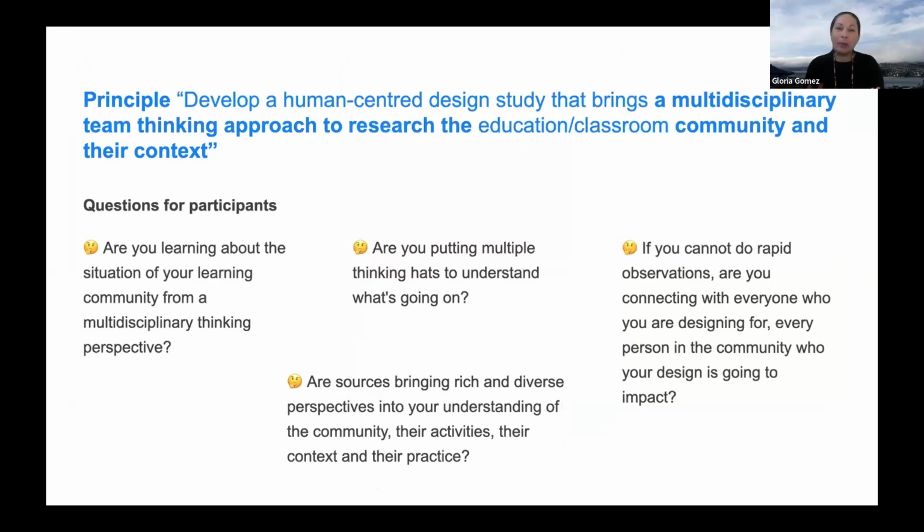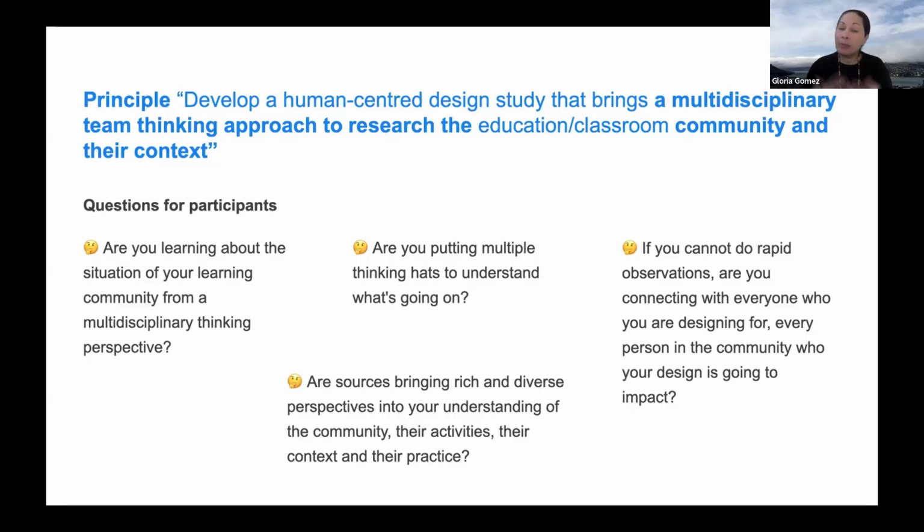So at this point, I stop for a minute just to see whether you can assimilate a little bit of what I just shared. Perhaps answer one of these questions. Are you learning about the situation of your learning community from a multidisciplinary thinking perspective? Are you putting multiple thinking hats to understand what's going on?